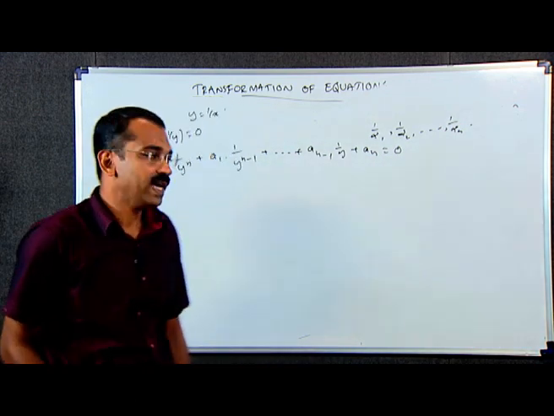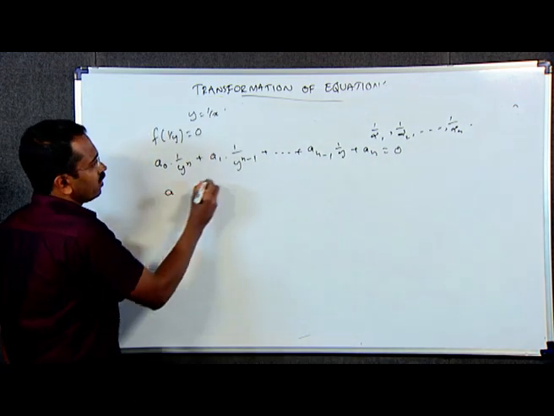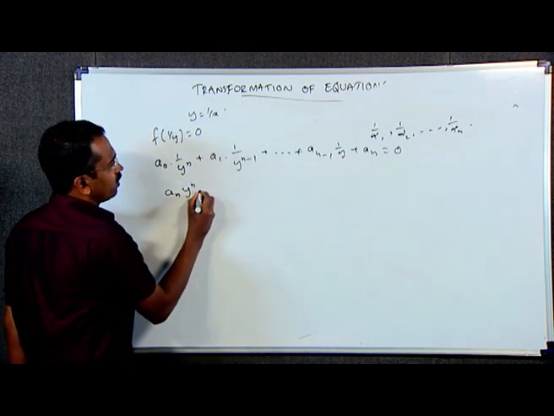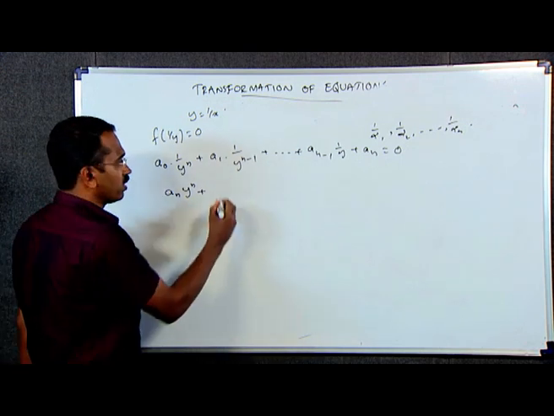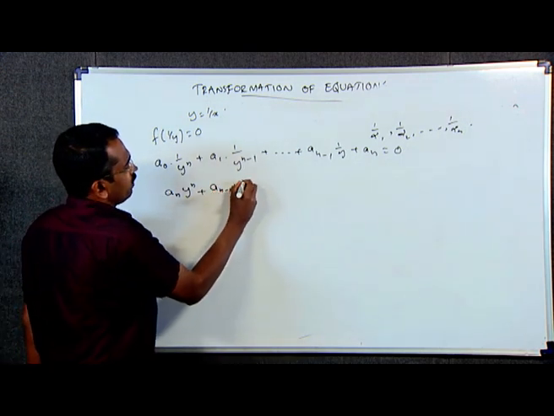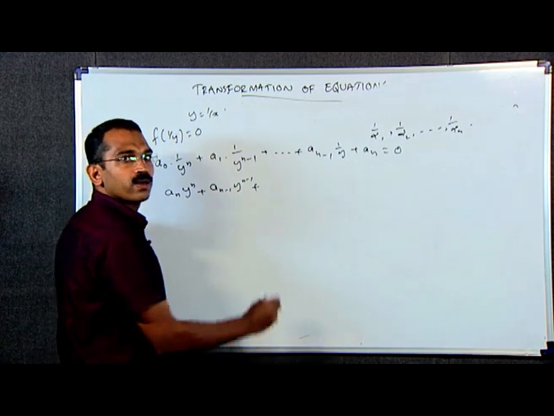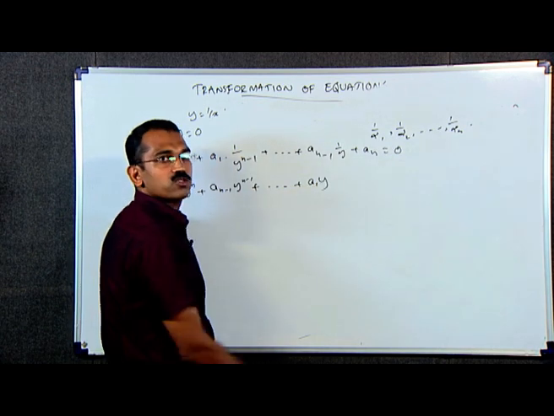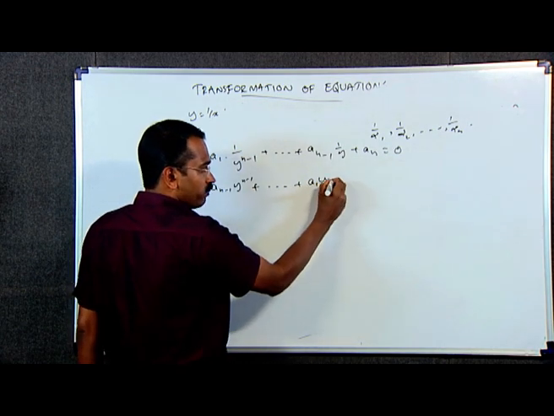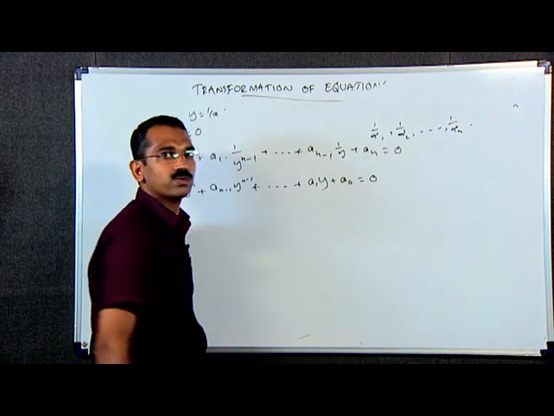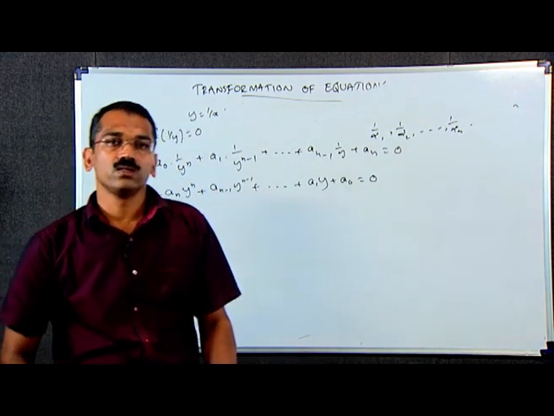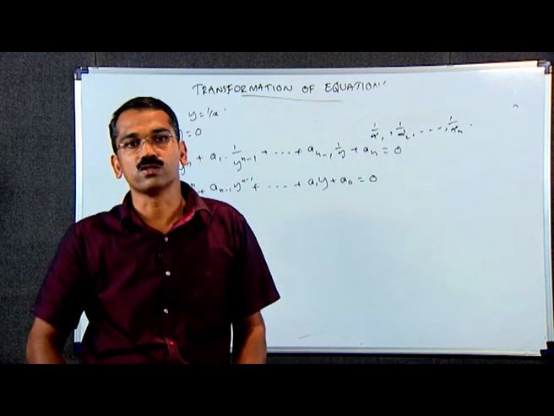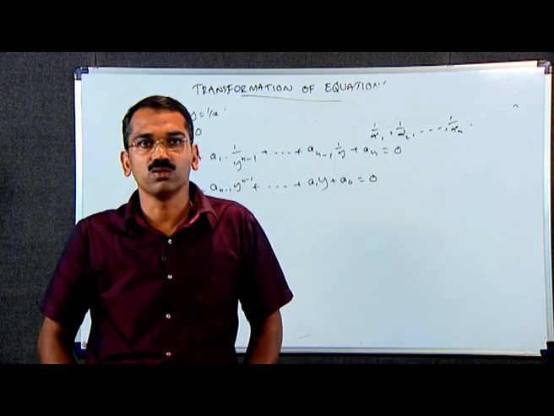Multiplying throughout by y raised to n, we will get a n y raised to n plus a n minus 1 y raised to n minus 1 plus etc. plus a 1 y plus a naught equal to 0. Note that the coefficients of the transformed equation are those of the given equation written in the reverse order.